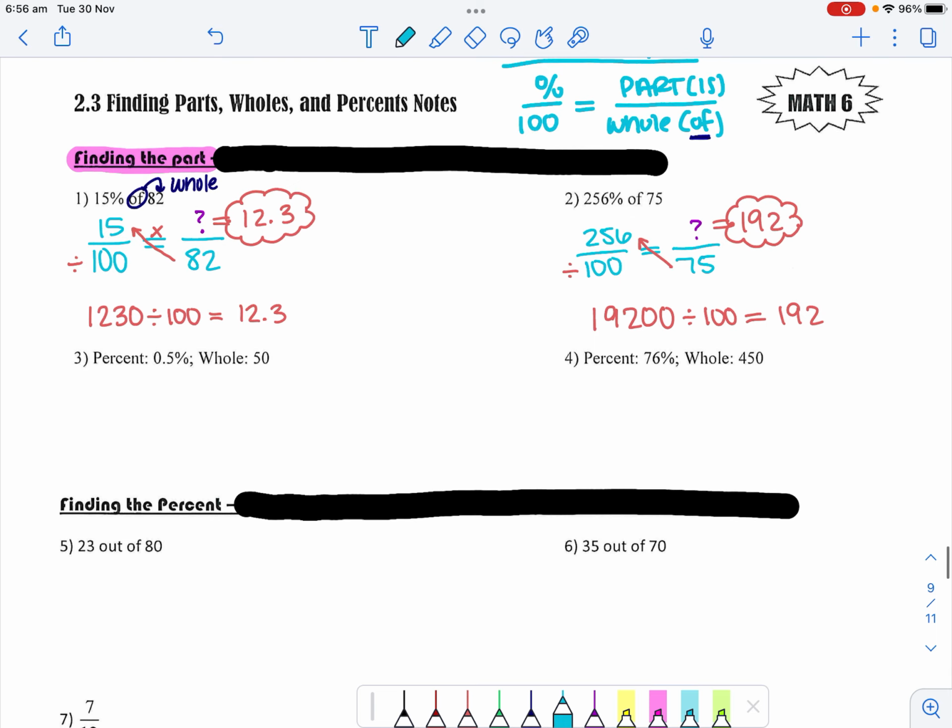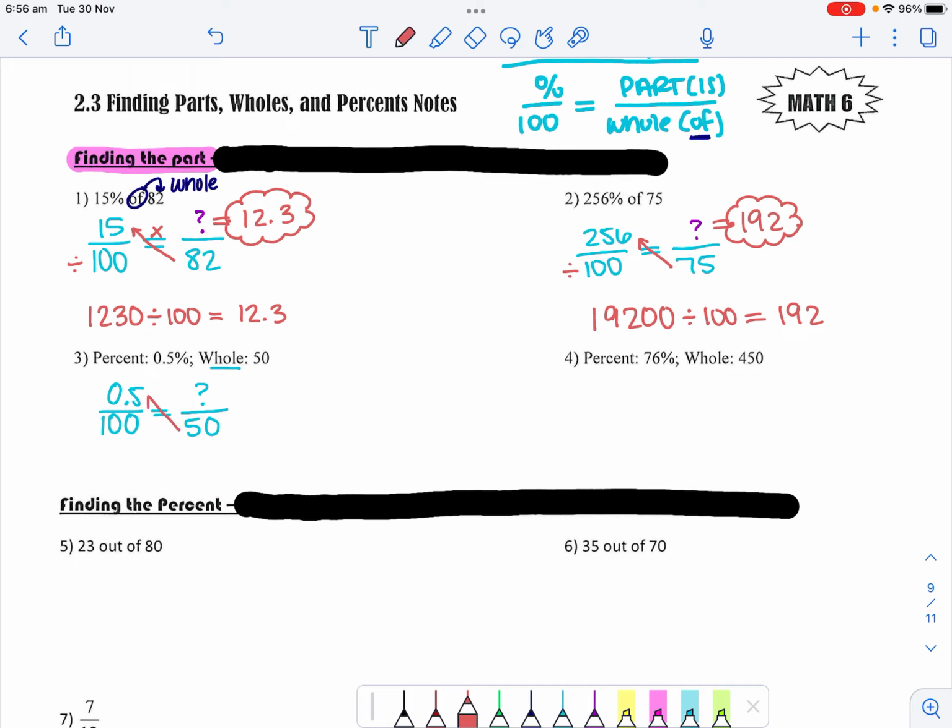For number 3, I've got 0.5%, so 0.5 over 100. Again, dealing with that decimal percent, we normally wouldn't put a decimal in our fraction, but because I'm setting up this specific proportion, that's how I'm going to write it. And then this time it tells me that the whole is 50, so the bottom of my fraction is 50, with my question mark on top.